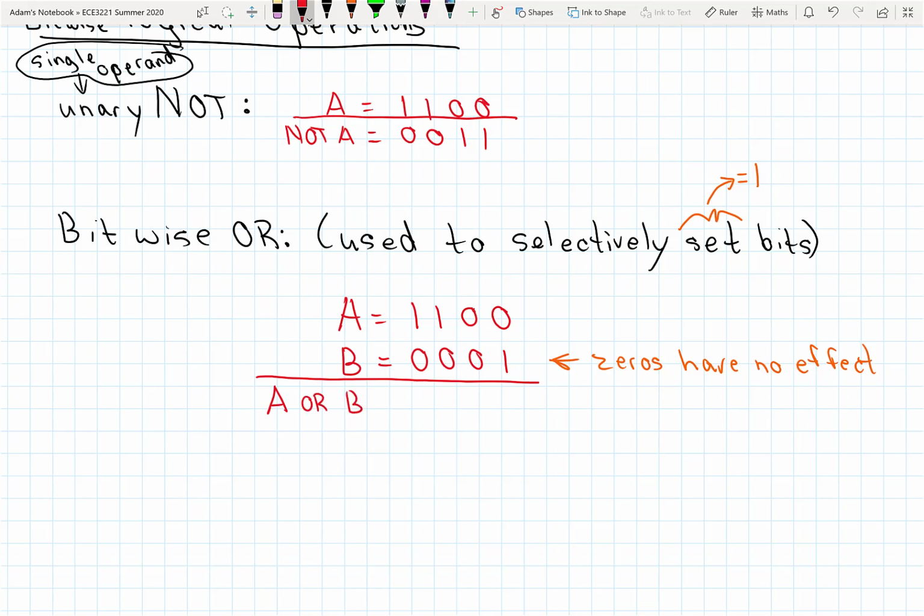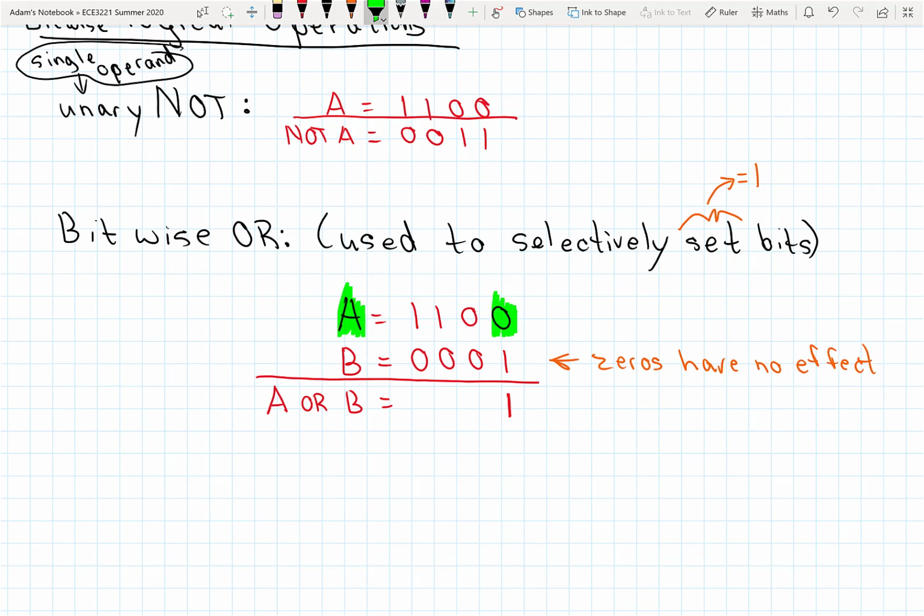A or B, we OR these two values, 0 and the 1, result in this bit selectively being set high, right? If we assume that B is the value and the 4-bit value of A is what we're manipulating, we want it to selectively set the least significant bit, or make that bit equal to a 1.